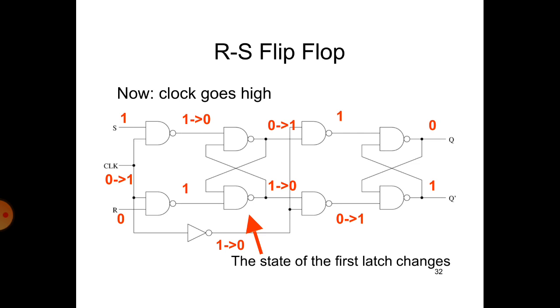S will be 0 and clock will be here high, that is clock will be high state. So we are using the NOT gate, that is inverter. So that will be inverting the clock signal, that is clock input. And 1 0 0 1.